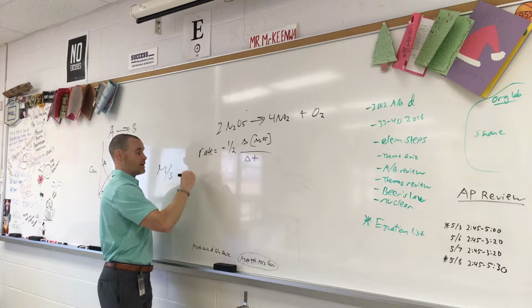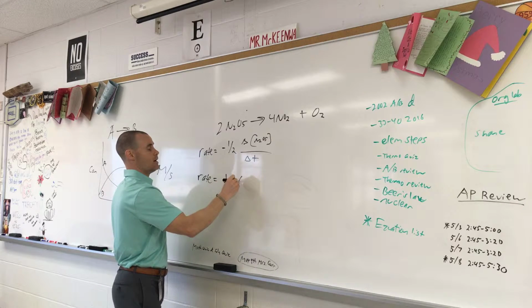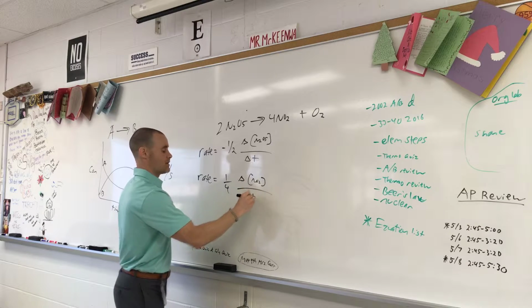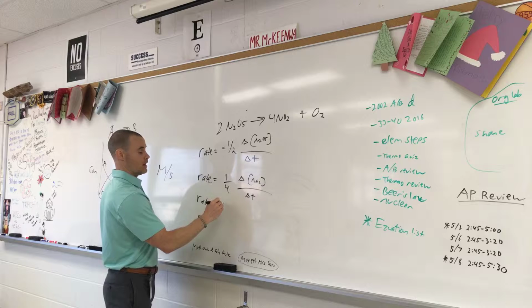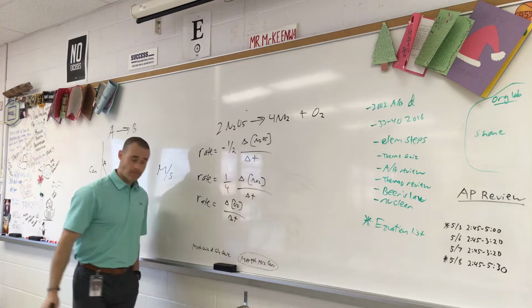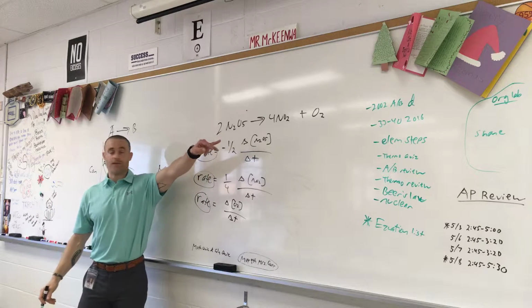So rate is equal to this, but it's also equal to 1/4 times the change in concentration of NO2 over the change in time. And then rate is also equal to the change in concentration of O2 over change in time. The rate is the same. What changes is the coefficient.